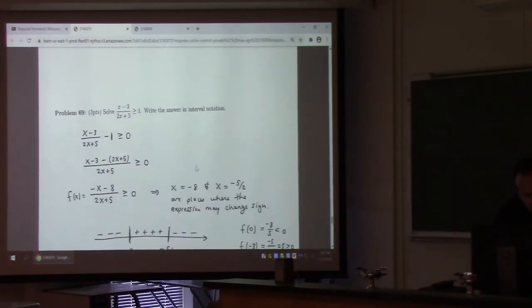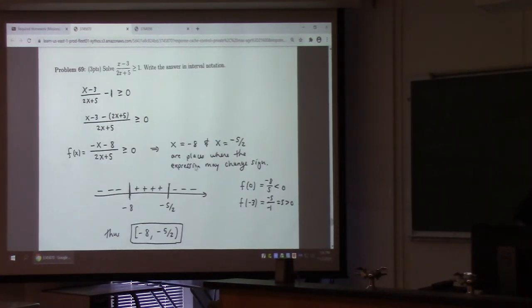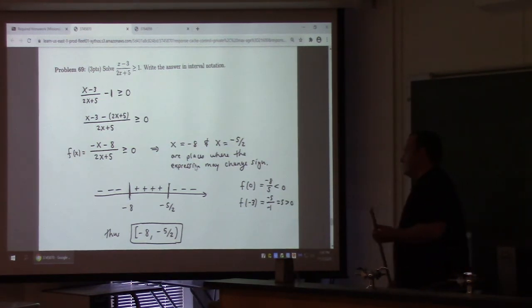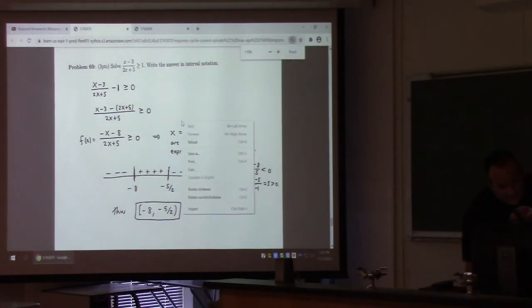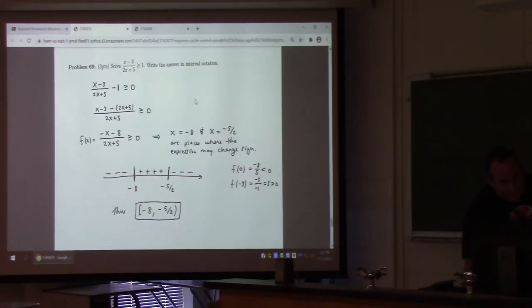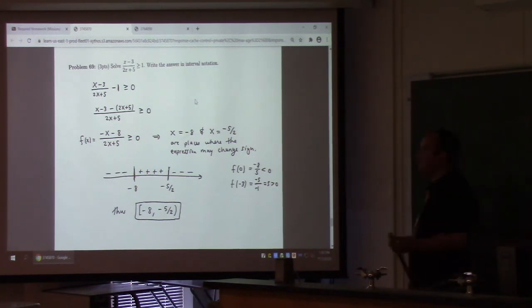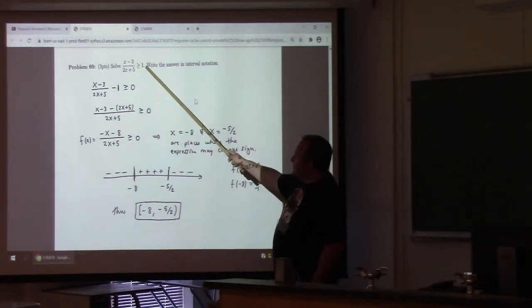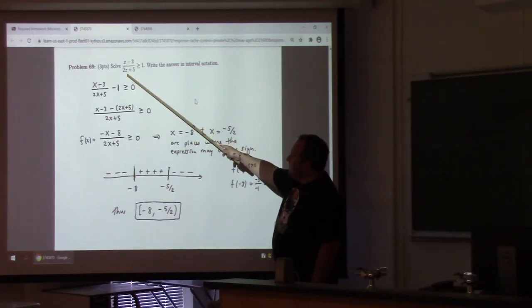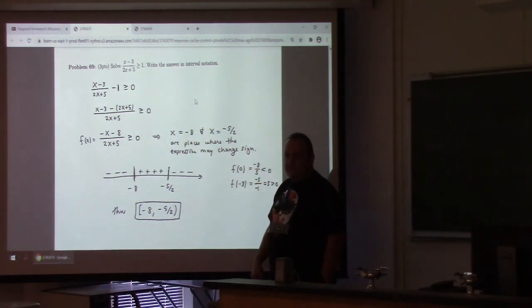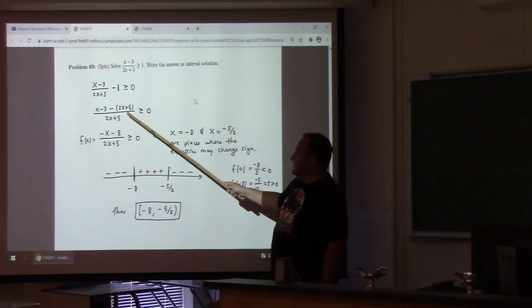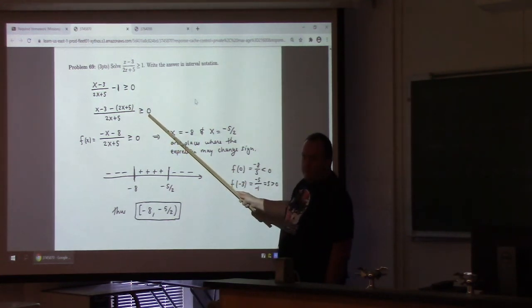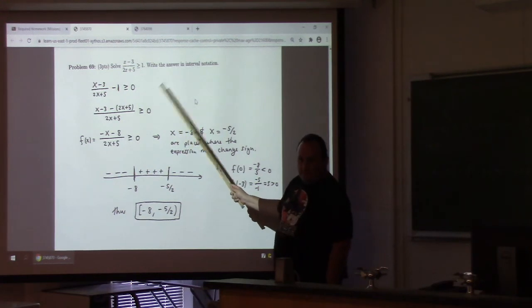This one right here is also a good example because I almost put this on the quiz. I'm still on the fence about whether I should put this one or the 0 one on the test. If I put 0 here, then all you have to do is look at x equals 3 and x equals -5/2. Those are the places where it could change sign. But if I've got greater than or equal to 1, I have to combine these to get an inequality with respect to 0, because 0 is where we make the sign chart from.